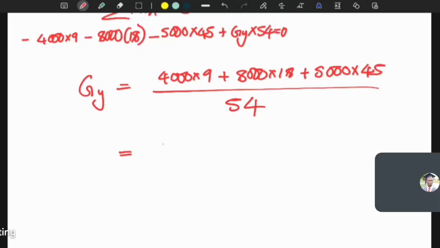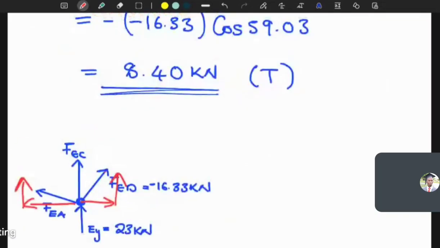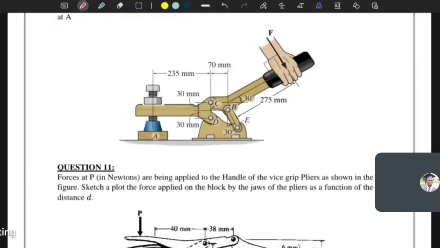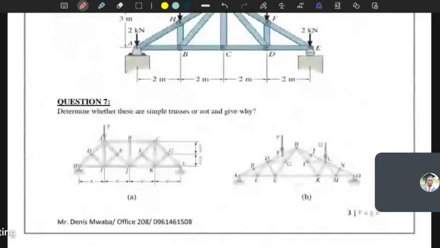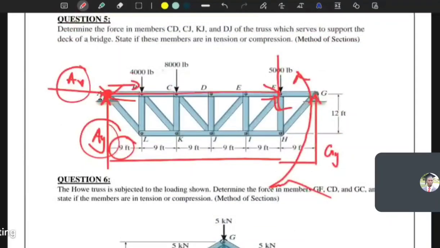Okay, so 7,500. So here the units are the pound. So let's say this is what we're getting as our GY. So since we now have our GY, we can go back to our diagram so that we figure out our section, since we now have the reaction we wanted.